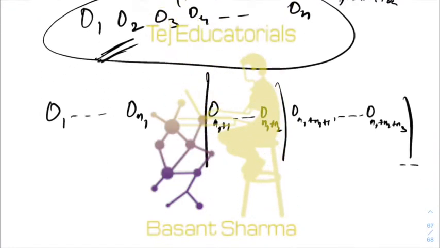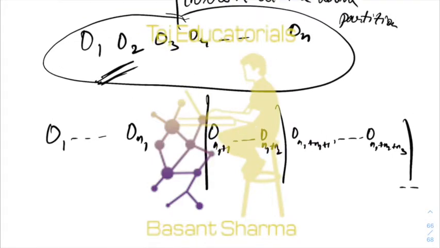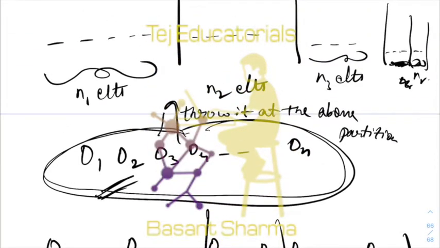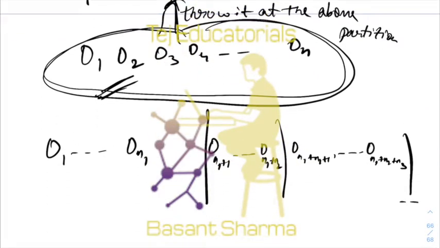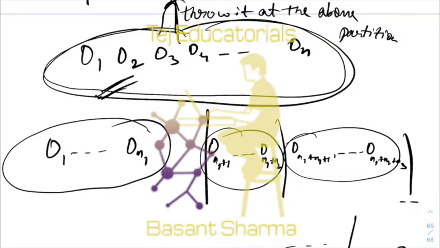So we took an arrangement and we threw this arrangement at this partition. This partition will cause a break in this arrangement, and you will get n1 elements here, n2 elements here, n3 elements here, and so on, and nr elements in the last partition.